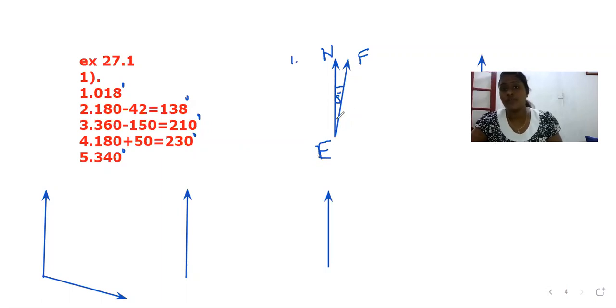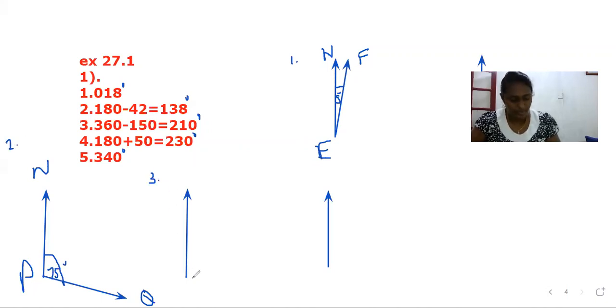Don't change F and E places, then it is wrong. Second, the bearing of Q from P is 75 degrees. Then such a figure you are getting for the second.